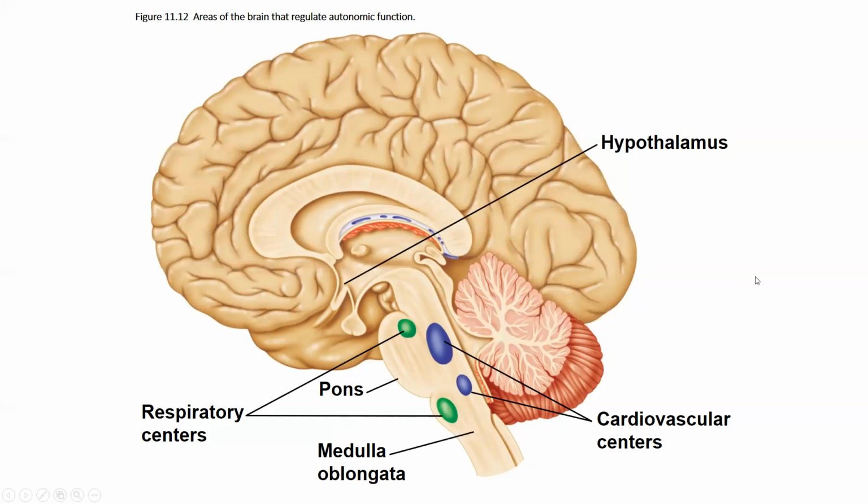Okay, now it's important to understand that the hypothalamus plays a role here too, and this is having to do with emotional triggers. So again, if you have a breakup or if you are anxious about a test, this will also stimulate some of this autonomic response, which can increase your respiratory rate, increase your heart rate, and so forth.